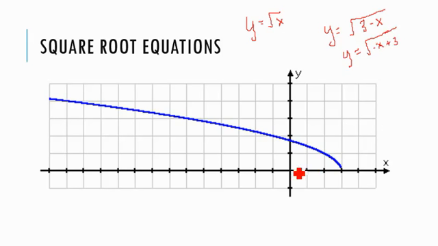So if here is our parent function, it is changed by this positive 3. Now you would think it goes to the right, but actually it goes 3 to the left. So 1, 2, 3. So now I have something that looks like this.